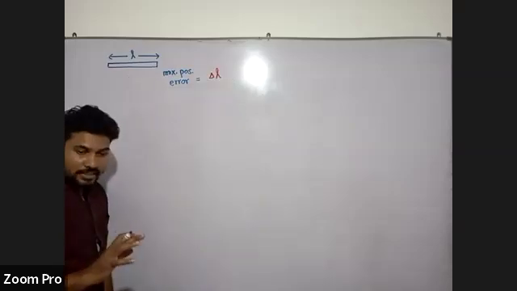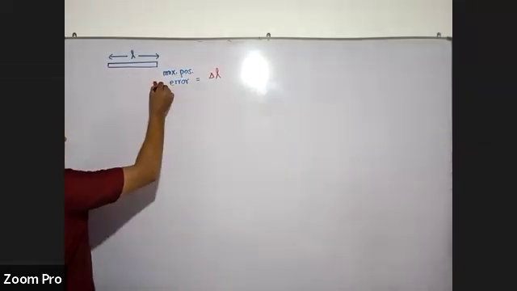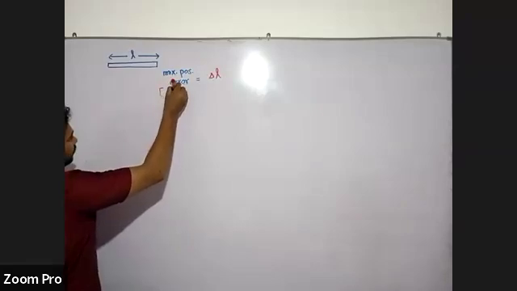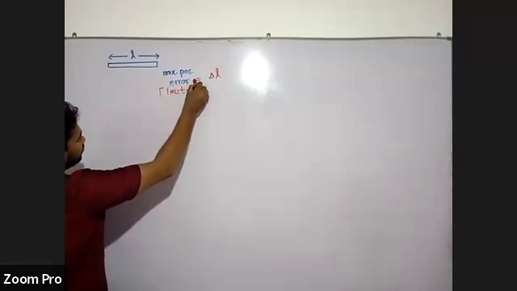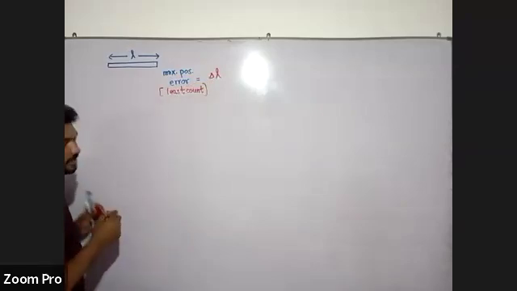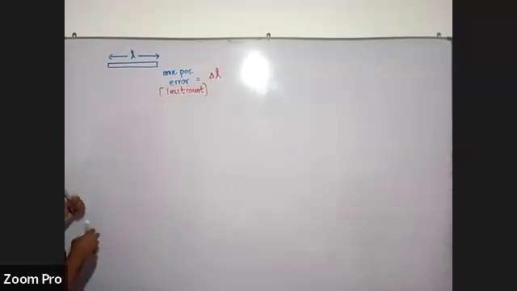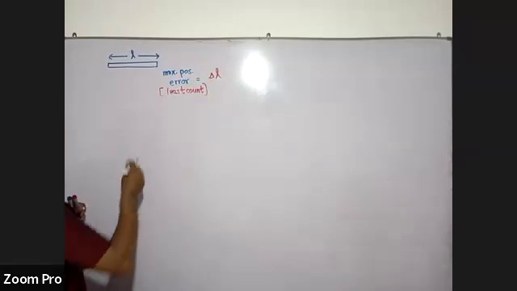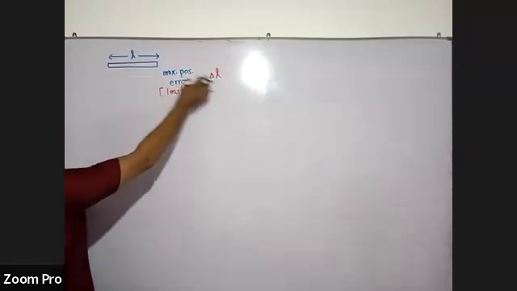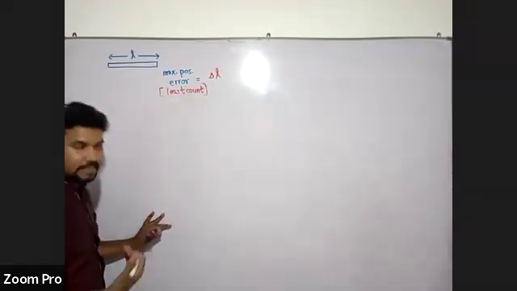So guys, on the other hand, you know that this maximum possible error is equal to the least count of the particular measuring instrument, isn't it? Right. So normally this is the value and this is the possible error in taking this measurement, right?